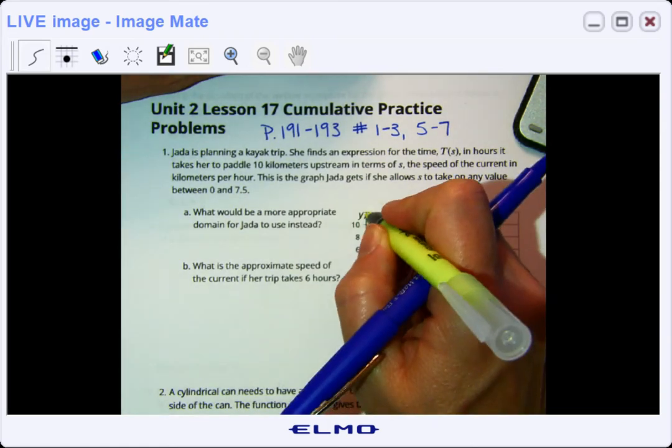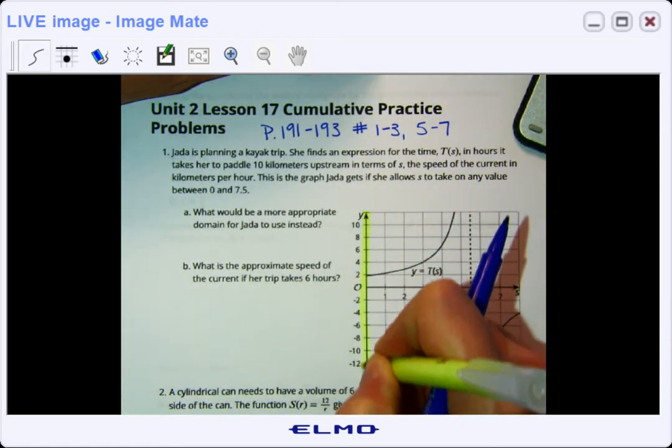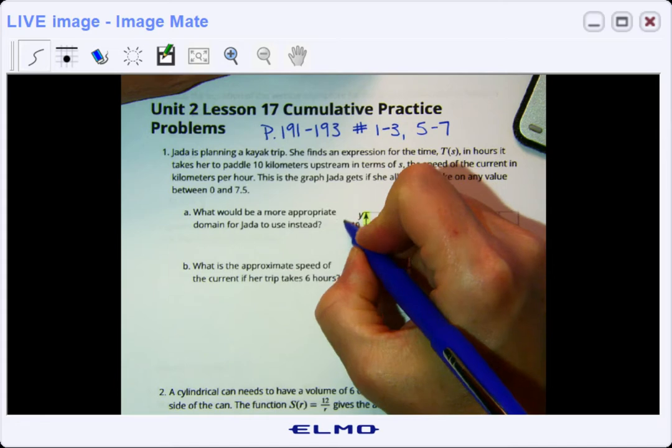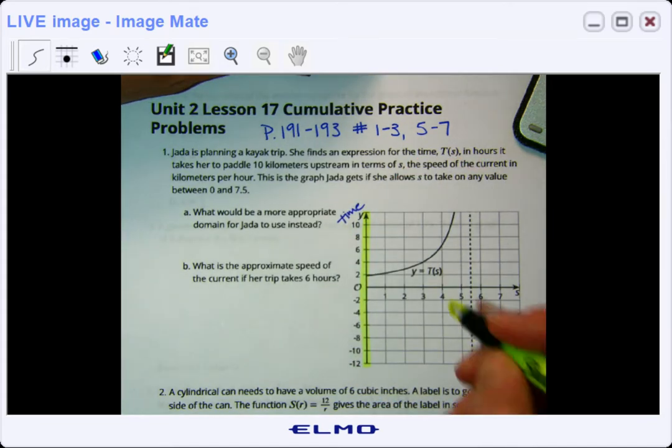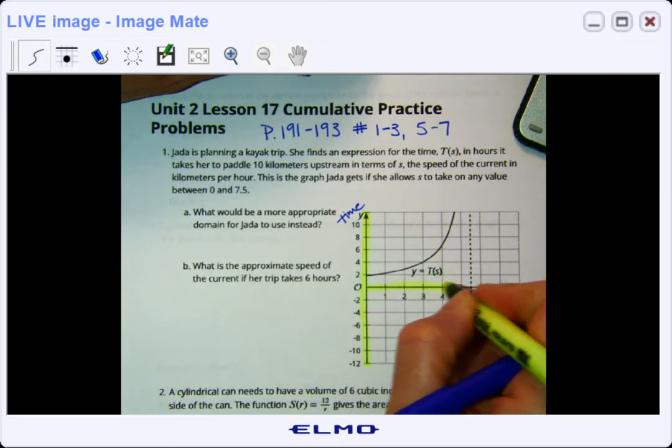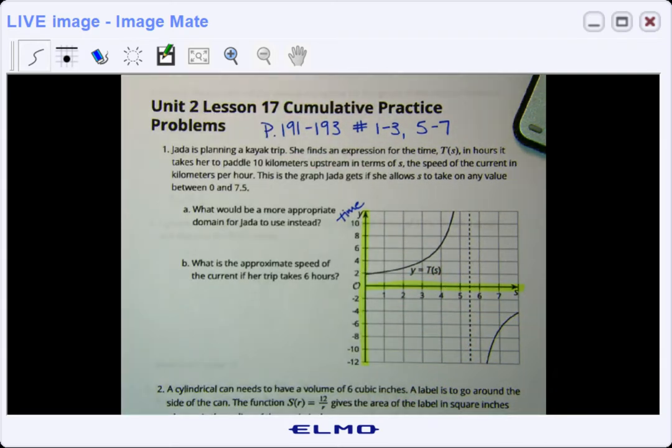So on this graph, the y-axis is for time, and the x-axis is for the speed of the current. So she's in a river, and the current in the river will go at different speeds. So this is S for speed.